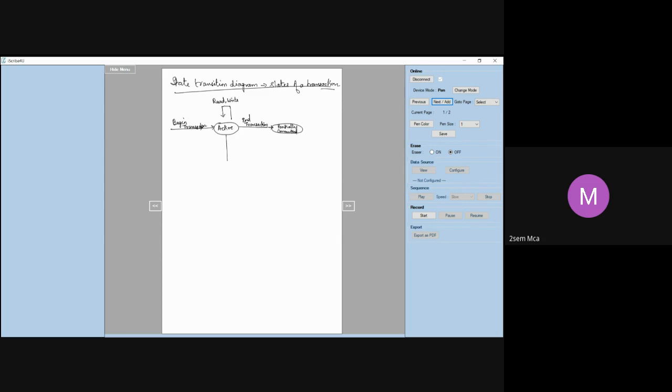Then it goes into the partially committed, abort, can also fail, can commit.